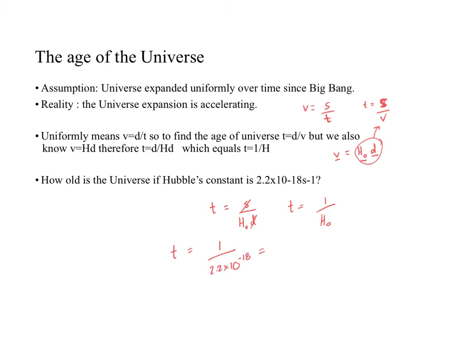And this is how we get the age of the universe, which will be equal to about 4.5 times 10 to the 17 seconds. If you divide that by how many days are in a year, and so on, you will find that this is about 14 billion years. So the universe is nearly 14 billion years old.